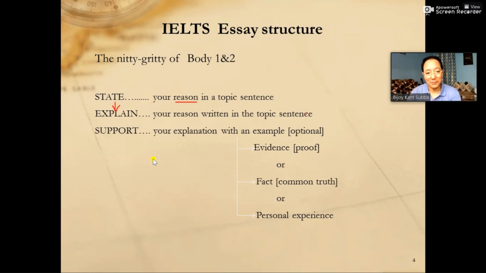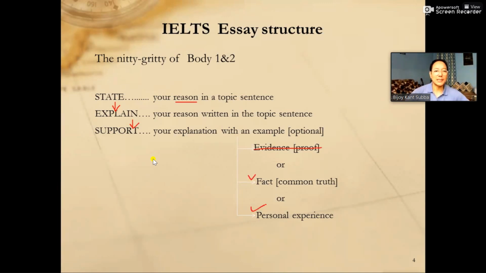Now, after your explanation, you're going to put an example. So you can give these kinds of example. Evidence, where you need to provide proof. That's getting heavy duty, so let's forget it. What you can do is talk about a common truth that you know, or write from a personal experience.